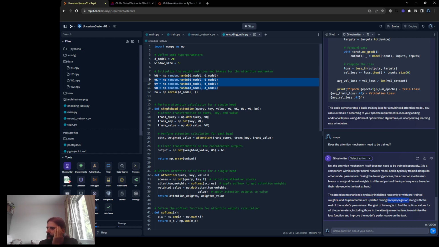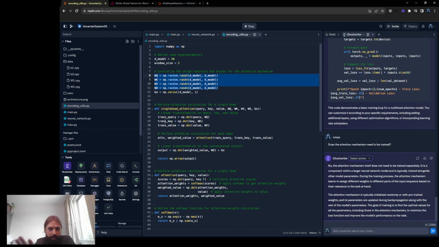So maybe you do need that, because the reason for doing that is that you're actually doing a projection, and the idea is these would find an optimal projection.